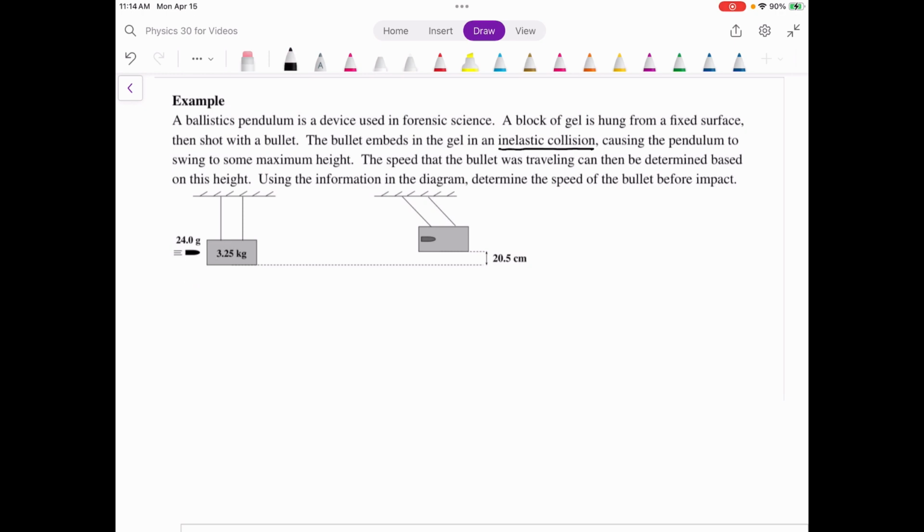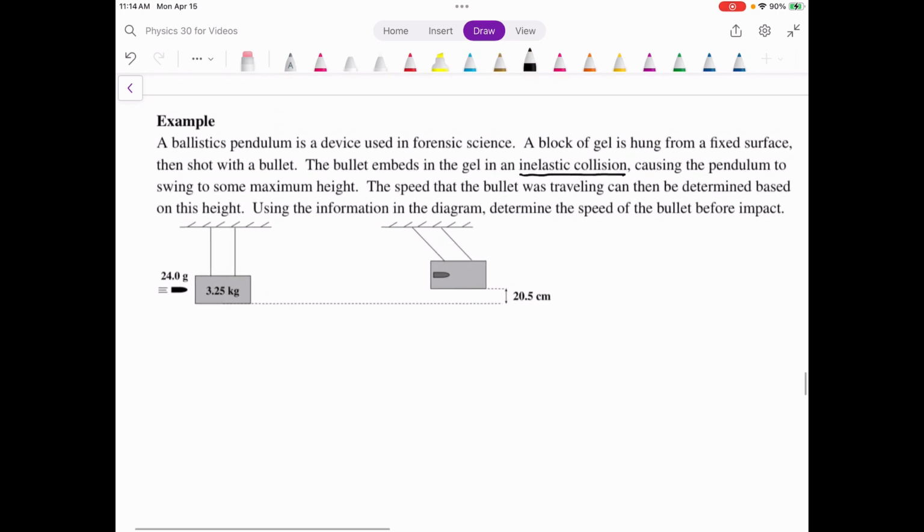Now, this is a bit of an interesting one when we think about it, right? Because your first instinct is probably to say, okay, well, we can use conservation of momentum. That's a good instinct to have. But then you start thinking about it and you realize the final momentum in the system is actually 0 here, right? Because this is a pendulum like we studied in Physics 20.